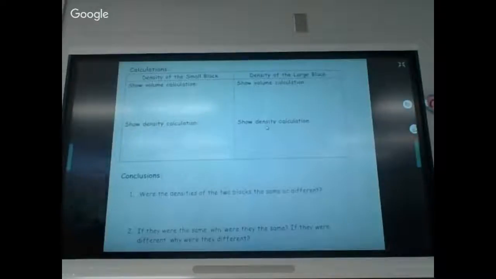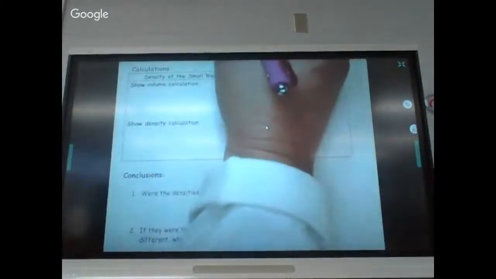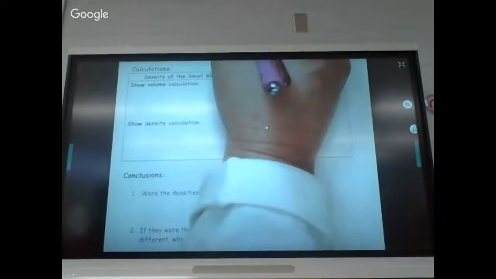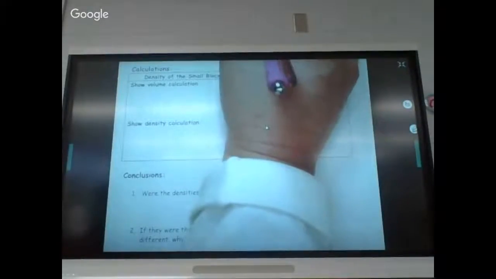So I need to see, let's just make up some numbers, that the length is 14.25, the width is 2.74, and the height is 4.15, and all of these say centimeters.